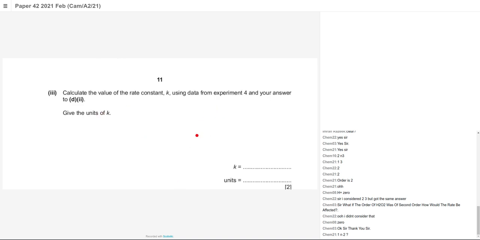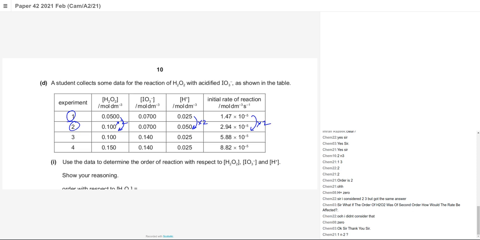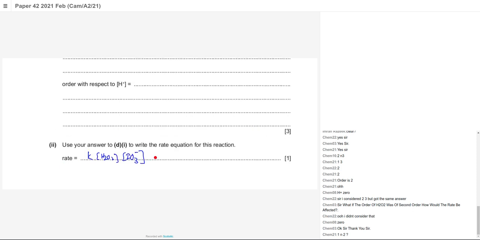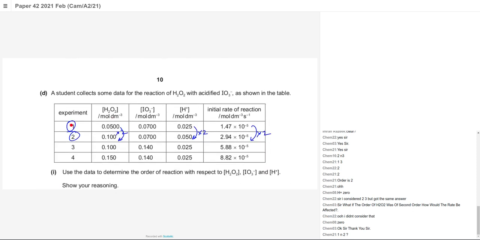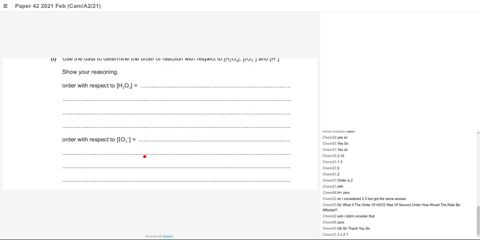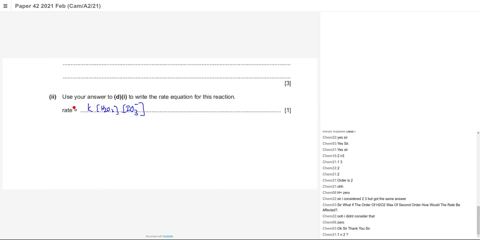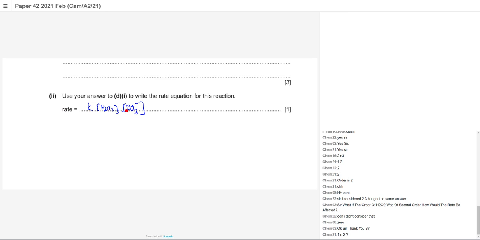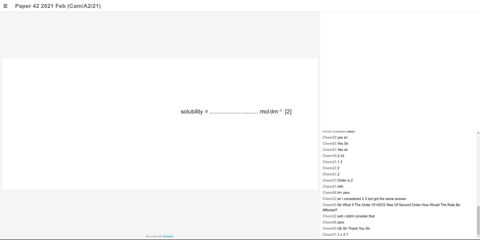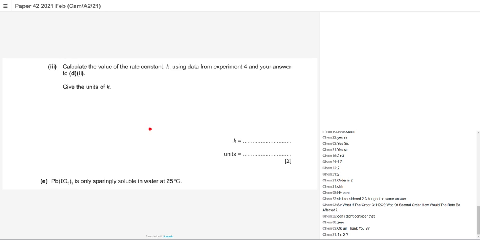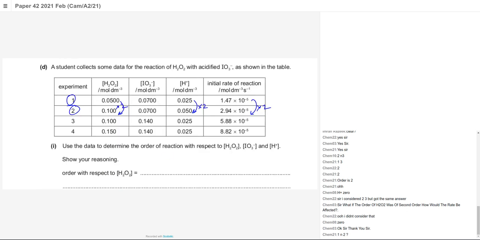Next, I'm not going to do this one because you have to simply substitute any set of values from experiment 1, 2, 3, or 4 into this equation. You know the rate, you know the concentrations. You can find the value for the rate constant and the unit can be derived accordingly. You can do that, right? Rate is moles per decimeter cube per second. And this is moles per decimeter cube, moles per decimeter cube.